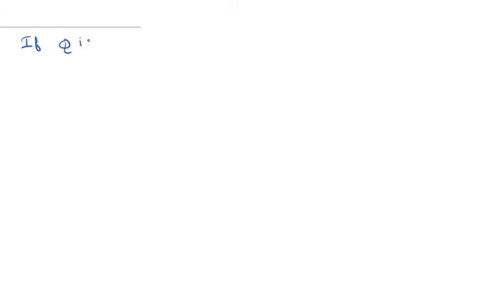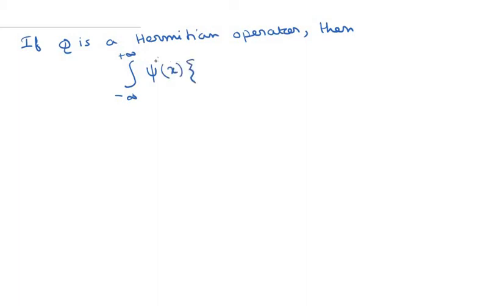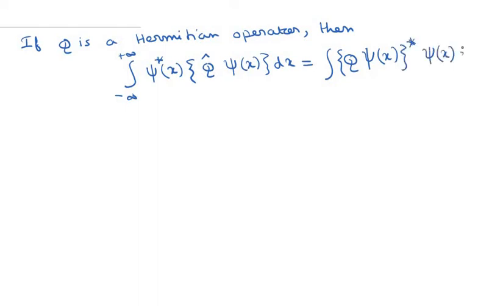If Q is a Hermitian operator, then the integral from minus infinity to plus infinity of psi x star with the operator Q acting on psi x dx should be equal to the integral of Q psi x star times psi x dx. So this is the condition of a Hermitian operator.